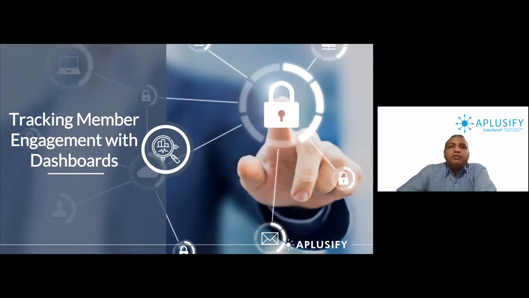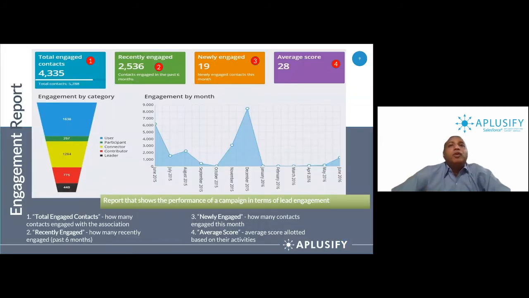Now, once we have done that scoring, how do we actually use that scoring to pull out some reports which we can analyze, right? Once you have done that scoring, you can easily get a dashboard like this. If you see total engaged contacts, it says 4335, and total contacts are 5288.